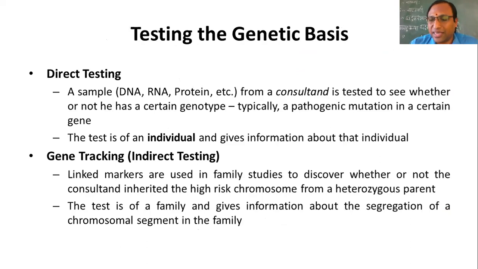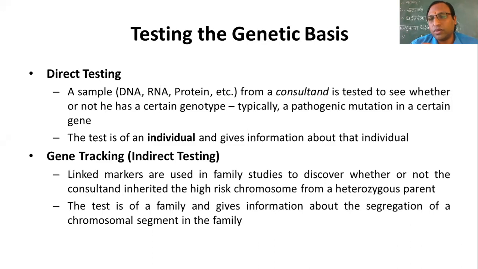Testing the genetic basis depends on two aspects. The first is called direct testing, and the second is called indirect testing or gene tracking. Direct testing means a sample from the consultant is tested, whether it is RNA or protein or DNA, anything it can be, to see whether or not he has a certain genotype. That is, whether any mutation has happened, whether any deformity, gap or mismatch is there in that particular gene, typically a pathogenic mutation in a certain gene.